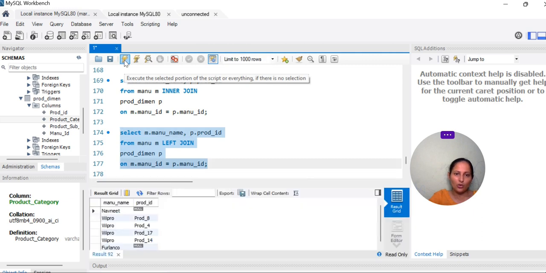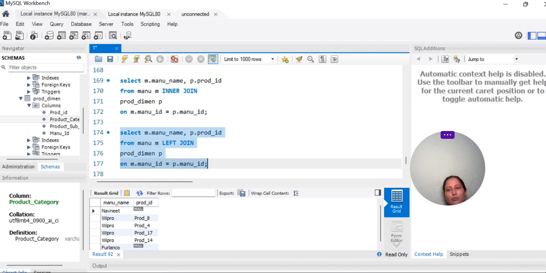All keywords and all things will behave in a similar manner and have similar properties, whichever join we are using. Navneet and Furlenco are not delivering any product; they are manufacturers, but here they are not delivering any product. So in our first query using inner join, it was not showing anything here, but here it is showing them because we want to see Navneet, Furlenco and other manufacturers who are present there, whether they are delivering or not.